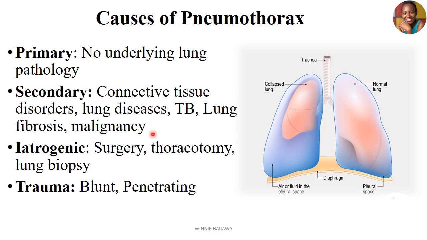All these are possible procedures that can damage the area around the respiratory organs and lead to further entry of air into this space. But you can also have injuries and trauma in the form of either blunt injuries or penetrating injuries that can cause entry of air directly through the chest or indirectly through lung tissue damage that allows the air to leak out.